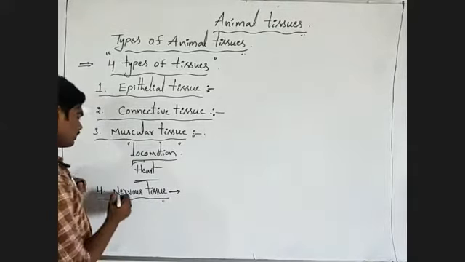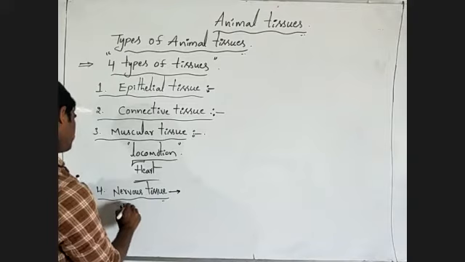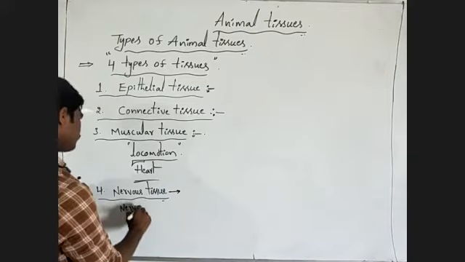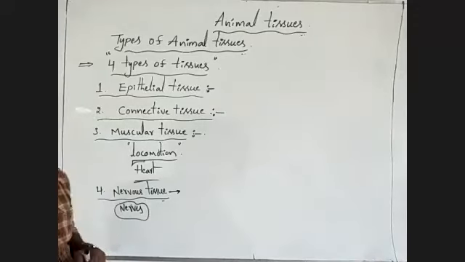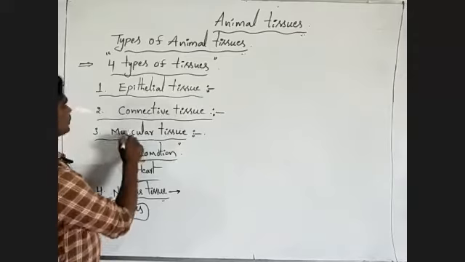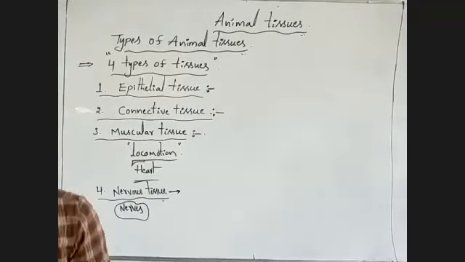This is nervous tissue. It is made up of a number of nerves. These are the four important animal tissues.